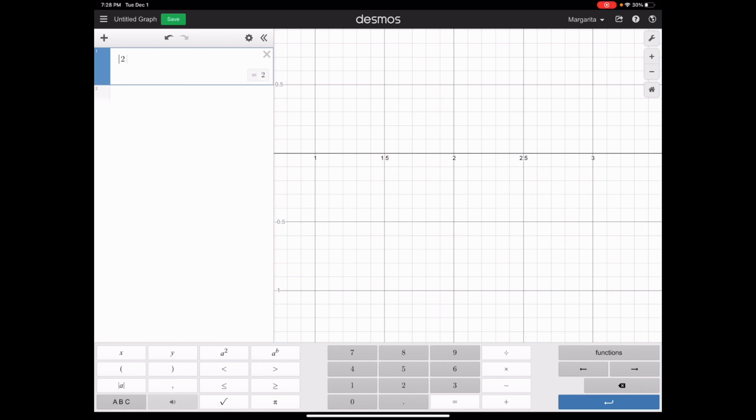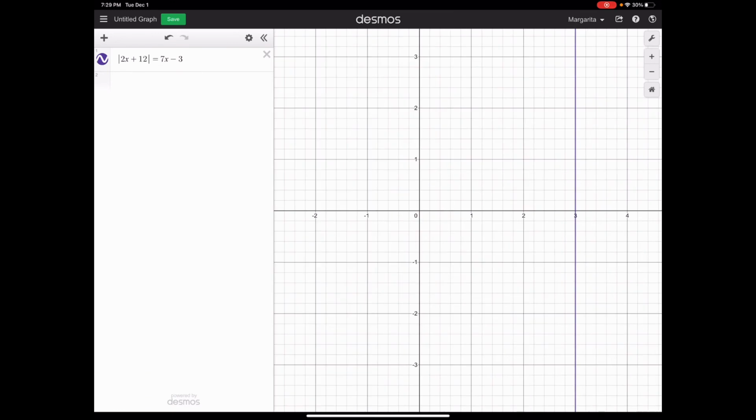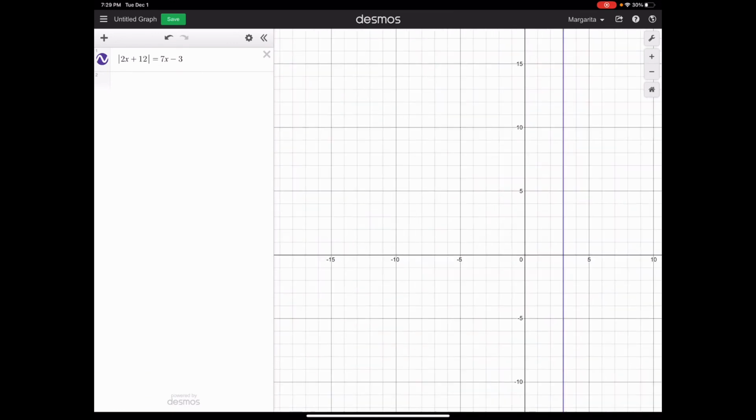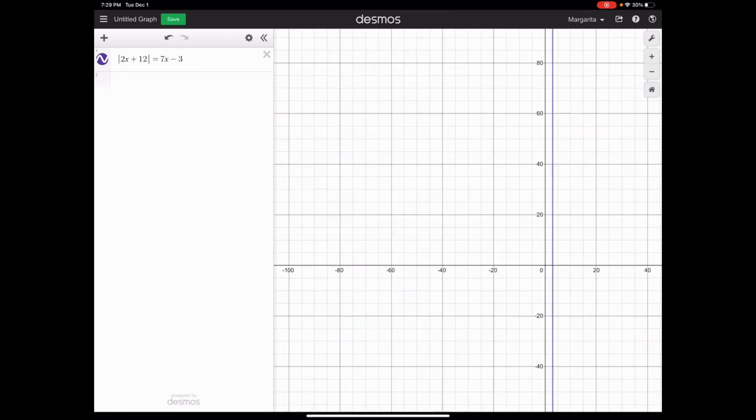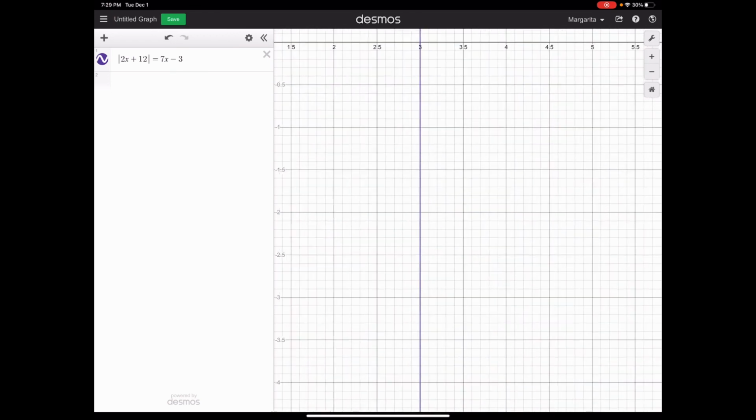I just want to show you that Desmos is usually the easiest. 2x plus 12 equals 7 minus 3 7x. And as you can see, it only graphs one line, and that one line crosses at 3.